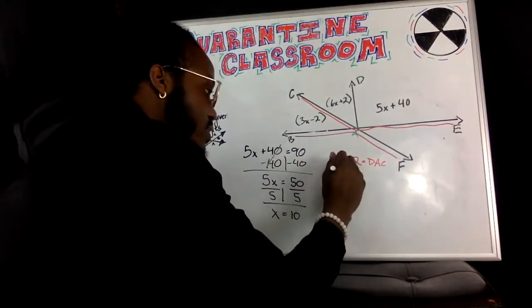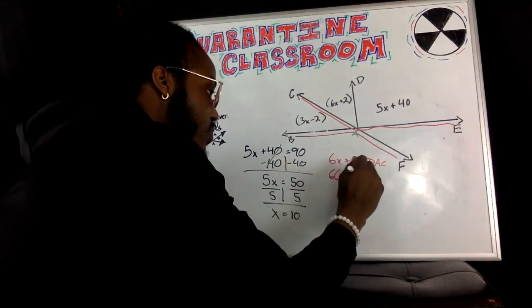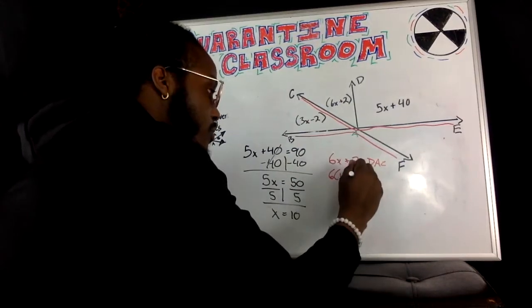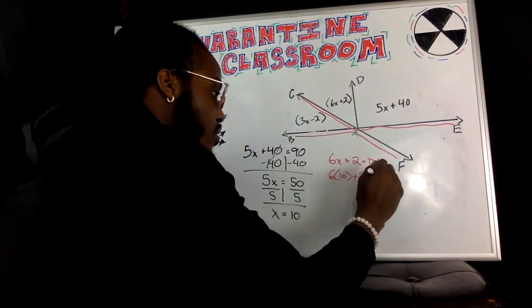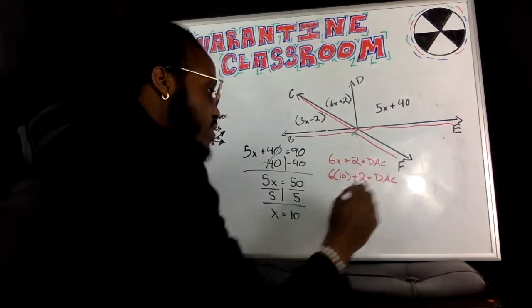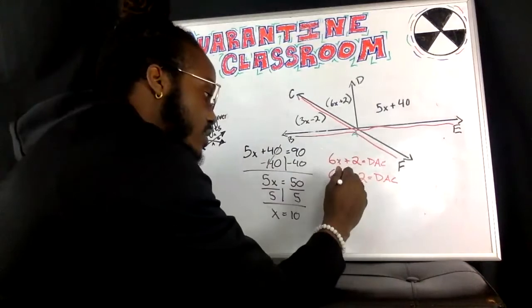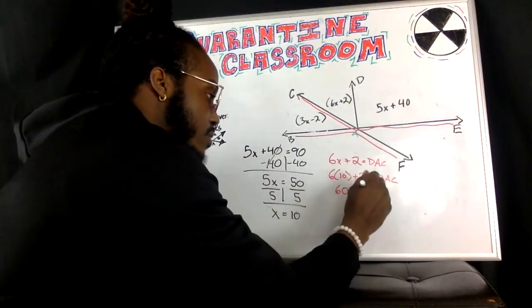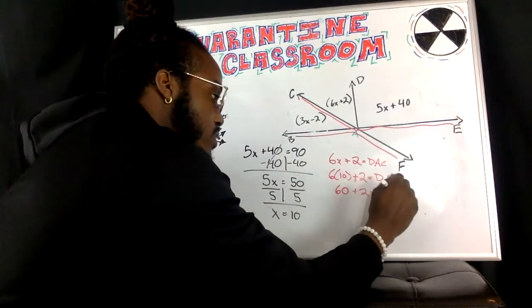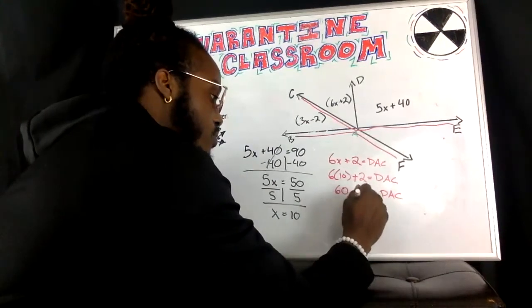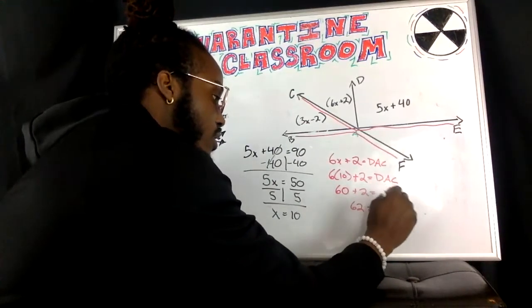So now I have 6 times 10 plus 2 equals angle DAC. And then order of operations just tells me how to solve this. 6 times 10 is 60, plus 2 equals DAC. 62 equals DAC.